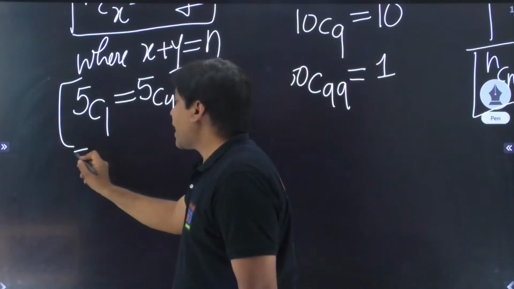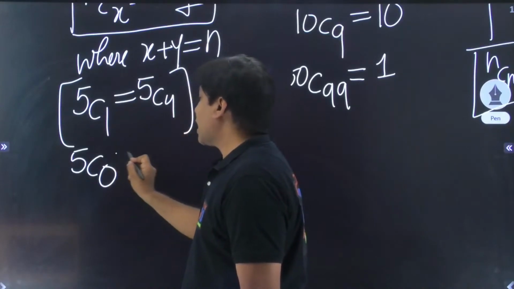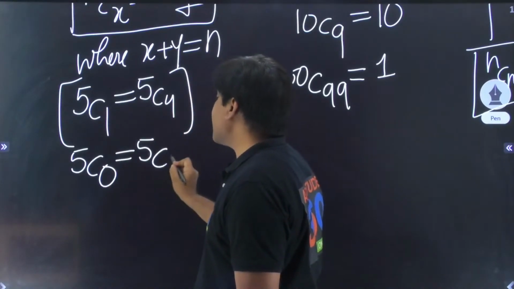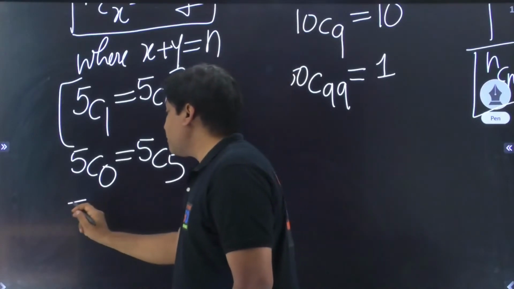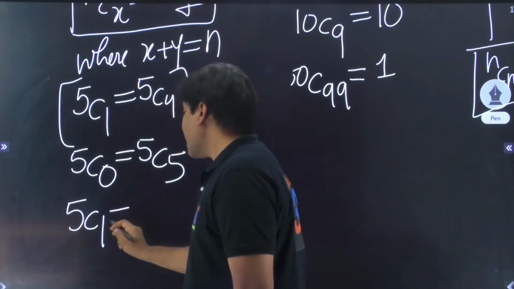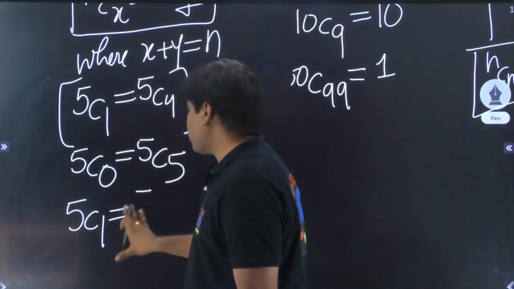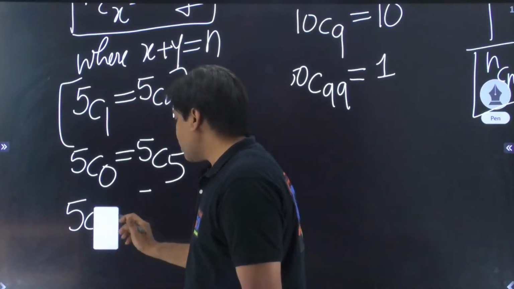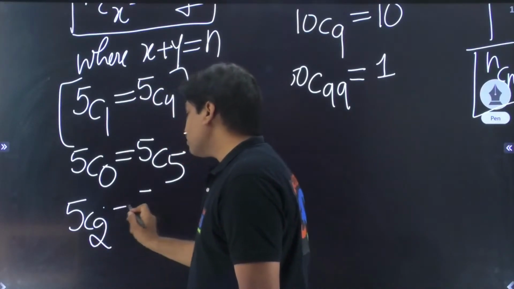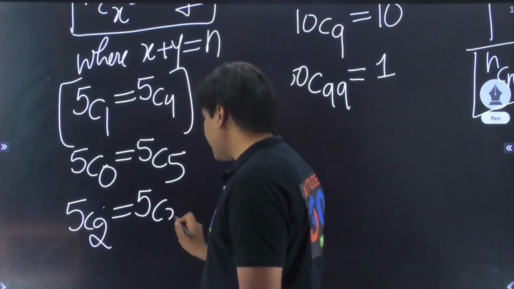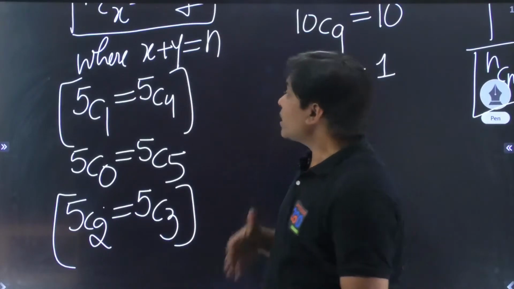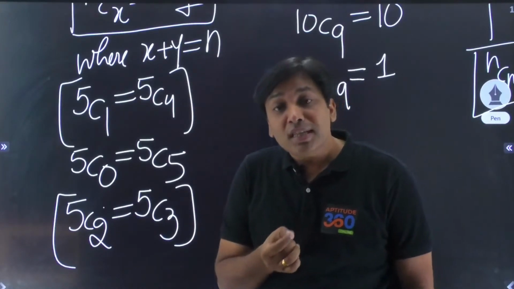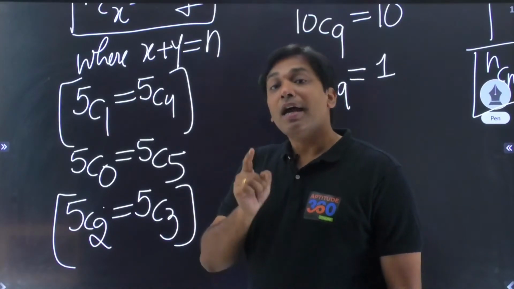If this is 5C0, I will say this is nothing but 5C5, because 0 plus 5 is equal to 5. We found out 5C1. What if I have to find out 5C2? Don't you think this is nothing but 5C3?